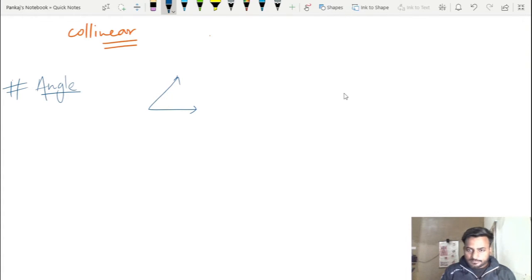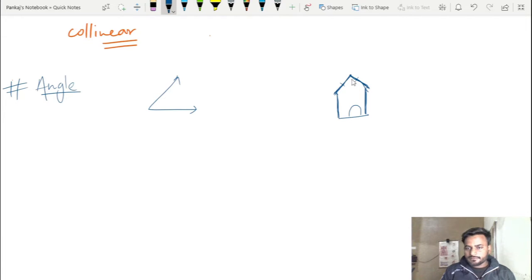For example, we have to make a model of a hut. Some wood or material used to make this has to be put parallel, for example these two are parallel, and some surfaces are like this, intersecting.